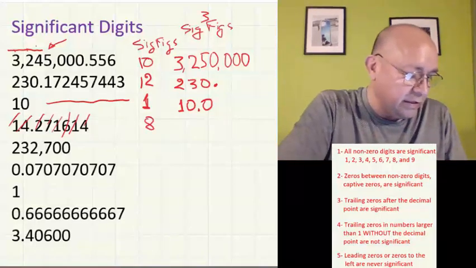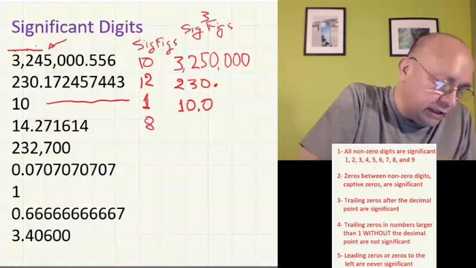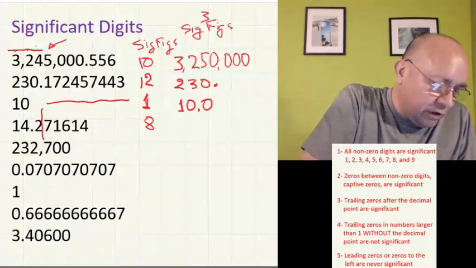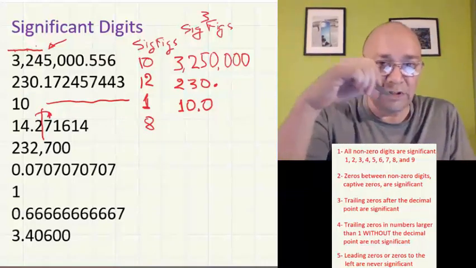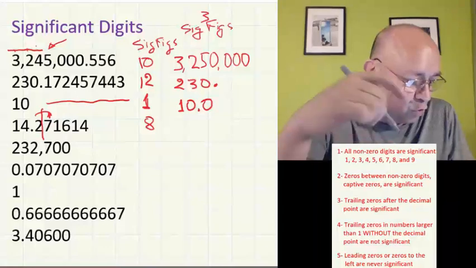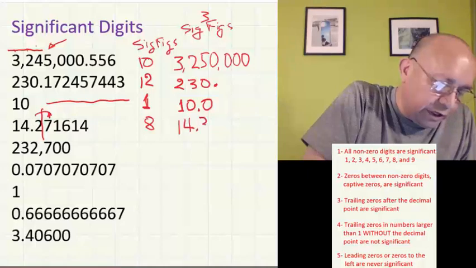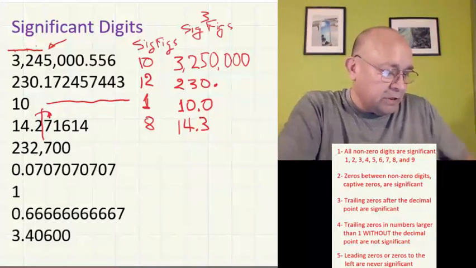Now, if we want to rewrite this with 3 significant digits, we just cut here. The following number after the cut is 7, so it is 5 or more. So the 2 becomes the next one. So this will become 14.3. That will be that number with 3 significant digits.